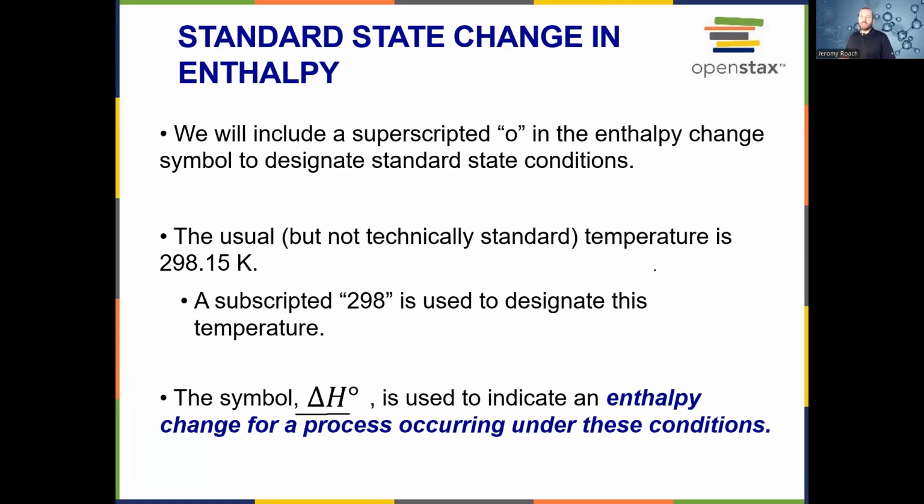So those standard state conditions for pressure, again, are 1 bar or 1 atmosphere, and for temperature, 25 degrees Celsius or 298.15 Kelvin. Those are standard states. So that's about room temperature for temperature, and 1 atmosphere is just one atmosphere in Earth's atmosphere.